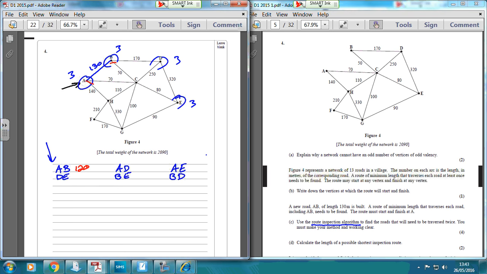I can do from D to B, from B to C, and then from C to E. So that's going to be 170 plus 50 plus 80, so that's going to be 300. Let's try that again. Like I say, they usually don't have a straightforward D to E. So if I add up the total, that's going to be 420.